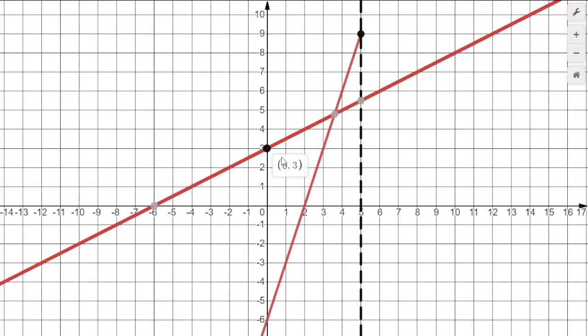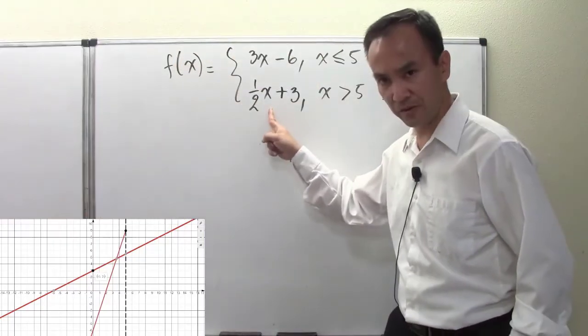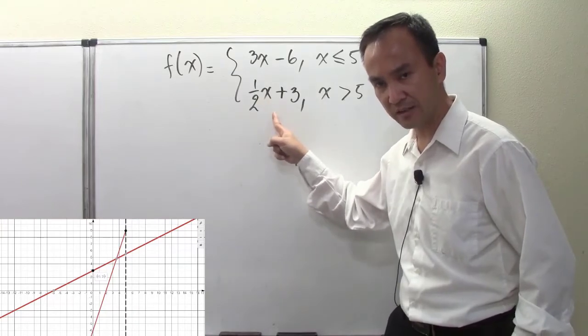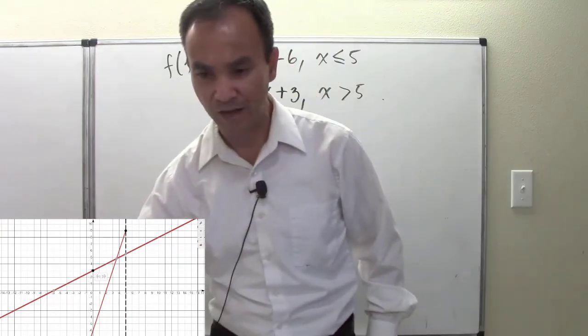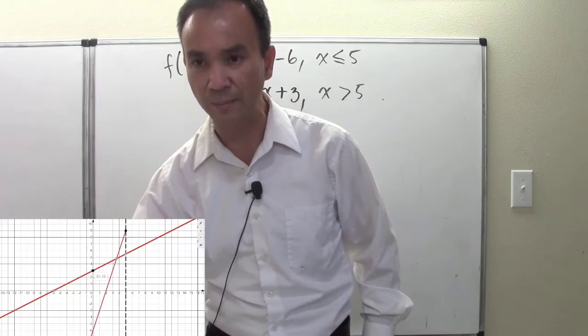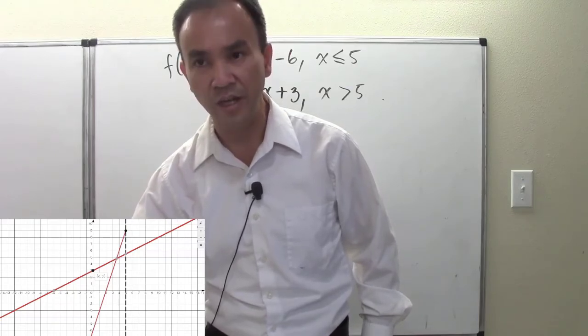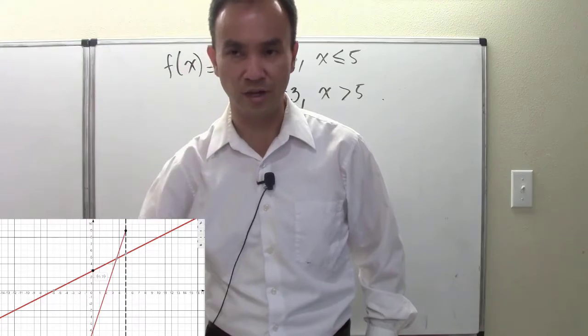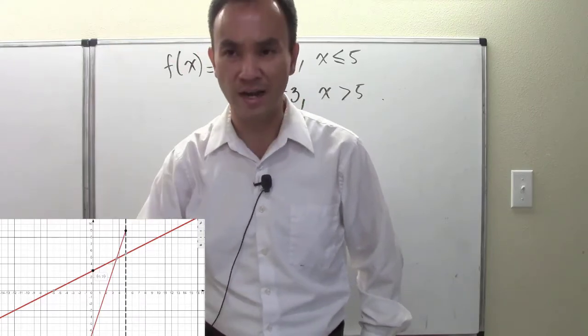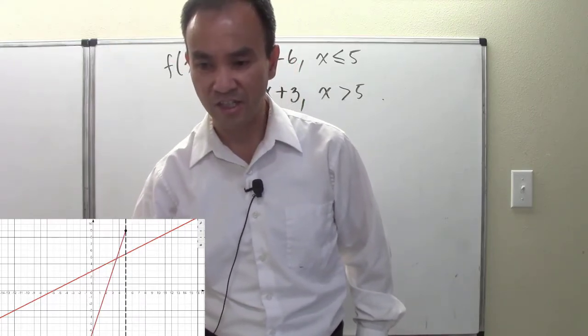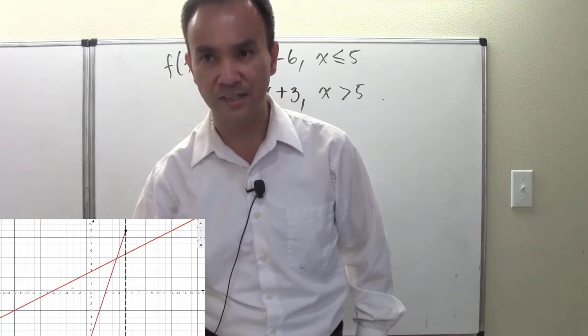One rise in one square grid, over two square grids run. So it's consistent with the rule saying 1/2 x plus 3. The y-intercept is also that point, being 1, 2, 3 at that square grid on the y-axis. So this line is now consistent with that rule 1/2 x plus 3.